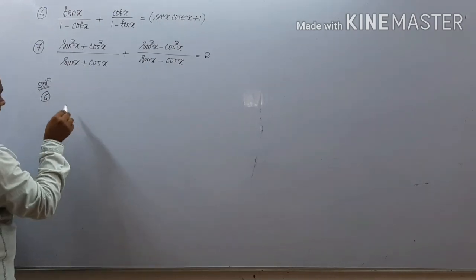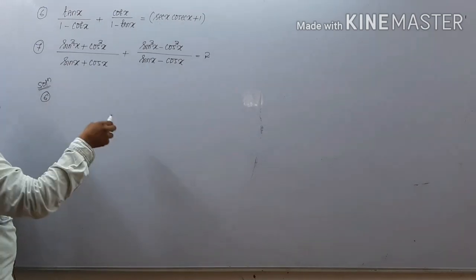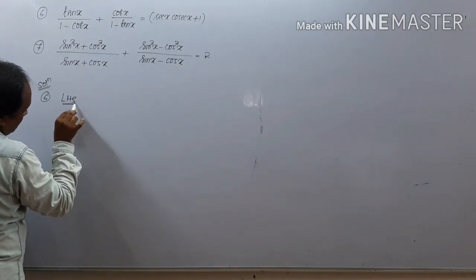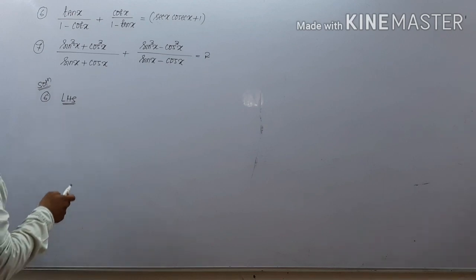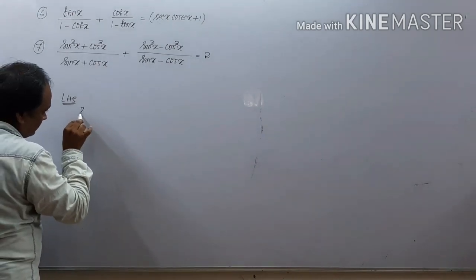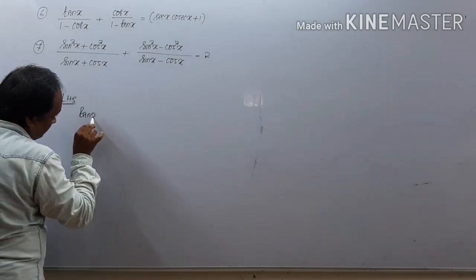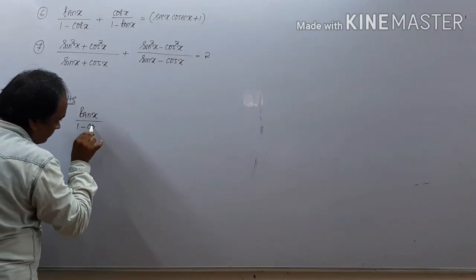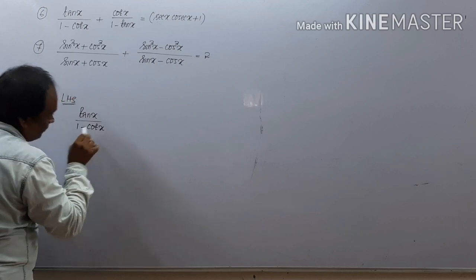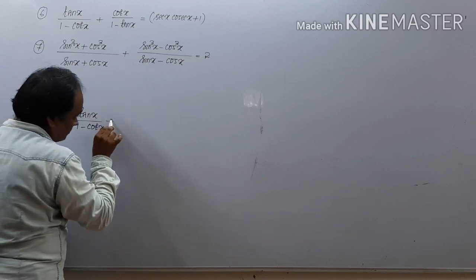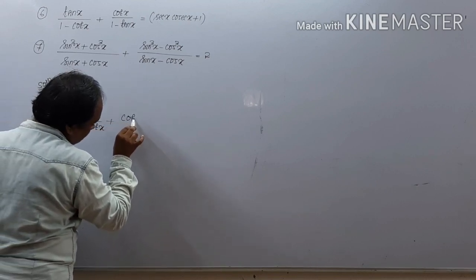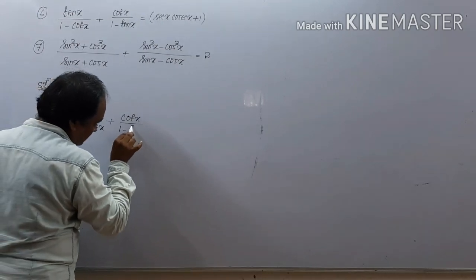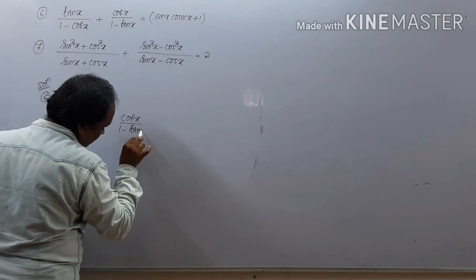So question number 6, LHS. What is the left hand side? Left hand side is tan x divided by 1 minus cot x plus cot x divided by 1 minus tan x.